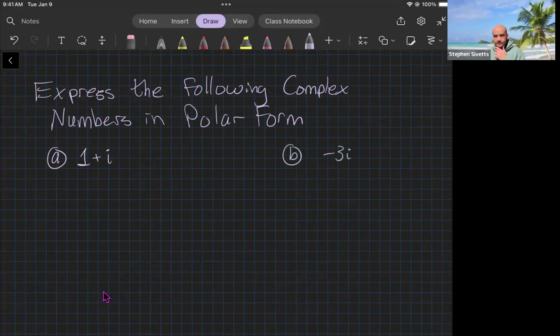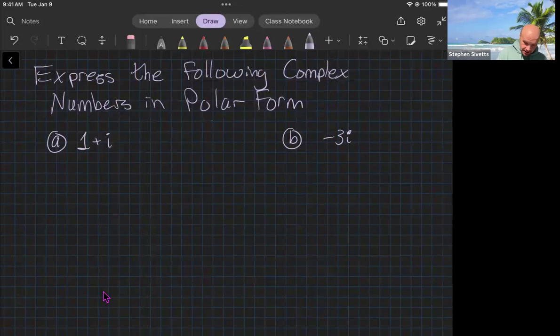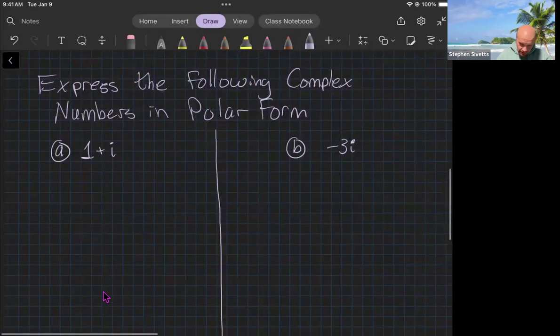Try to work on these examples and see what you come up with. All right, I guess you looked at these examples and worked on them on your own, and let's see what we have.